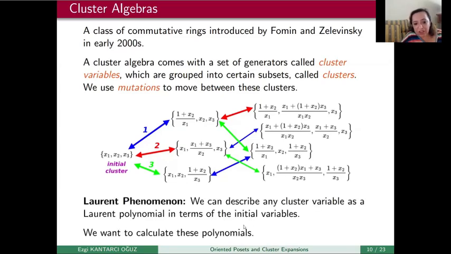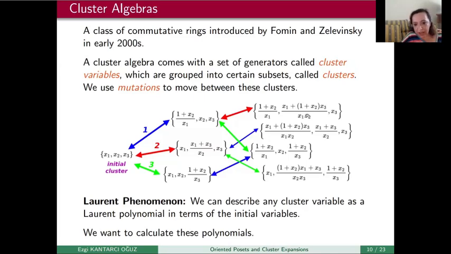There is a general result called the Laurent phenomenon. If we take any cluster variable, we can write it as a Laurent polynomial in terms of the initial variables, or actually in terms of the variables of any cluster that we fix. And what we are interested in doing is calculating these polynomials.